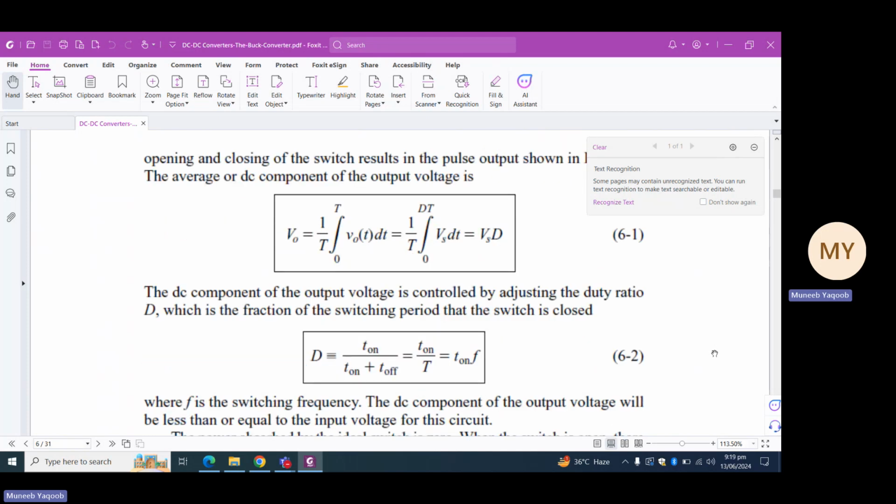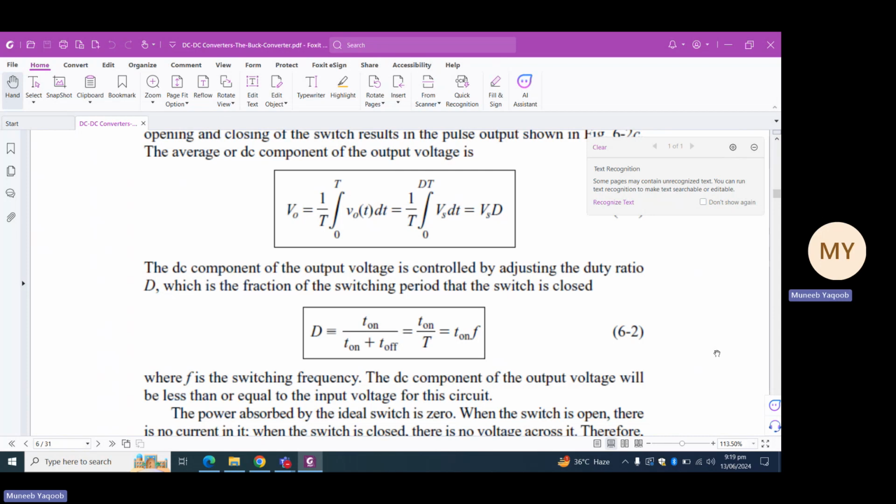What is the duty cycle? It is represented by equation 6.2, which means that duty cycle is the proportion of time for which the switch is closed in a unit time period. If the time period is, say, 1 second and the switch is closed for, say, 1 by 3 seconds, then the duty cycle is basically 1 by 3.